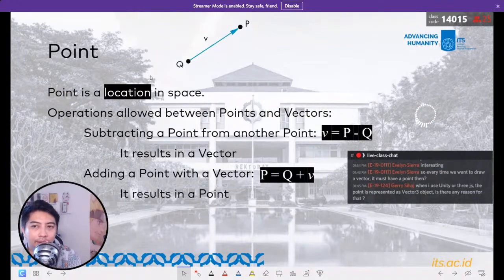Imagine that you have a point Q and point P. If you subtract Q from P, then as a result you will have a vector rooted from Q heading towards P, with its tip or its head on the P position. So this is the result of the subtraction of Q from P.